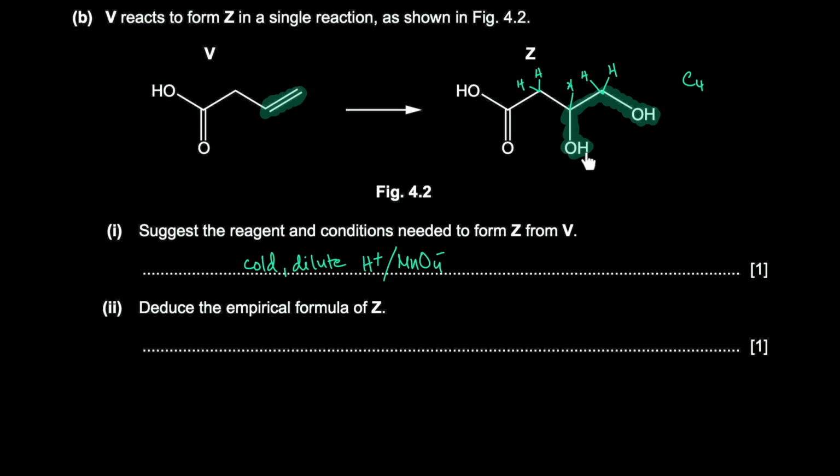I'll count these again: 1, 2, 3, 4, 5, 6, 7, and then 8. So we have C4H8, and then we have 4 oxygens: 1, 2, 3, and then 4. So C4H8O4, and then we can just divide all of these numbers by 2 to get the simplest ratio, which is CH2O.